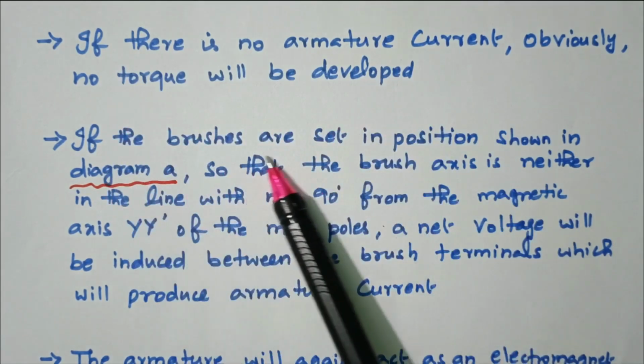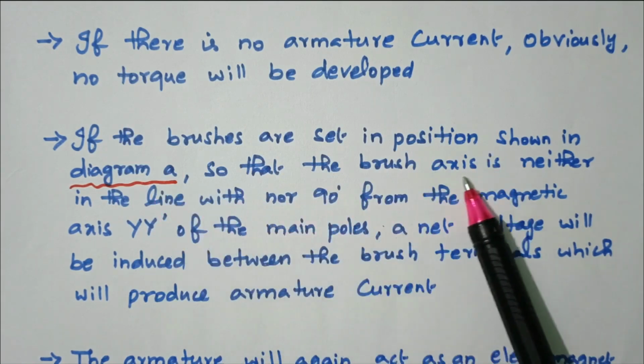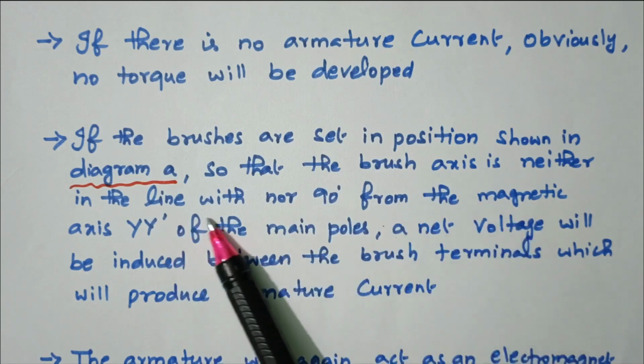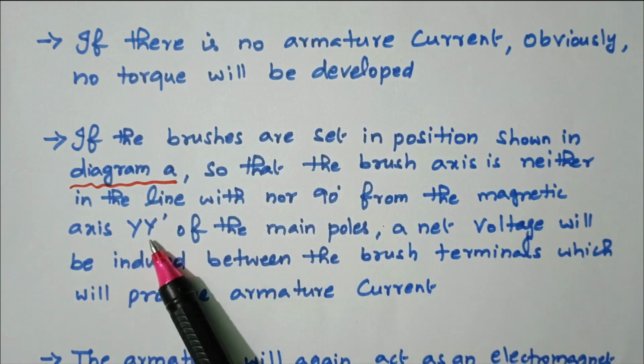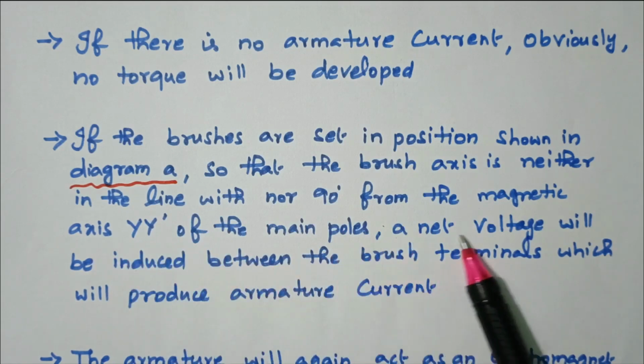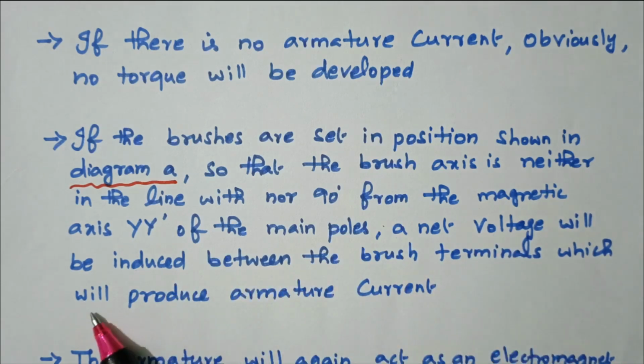If the brushes are set in the position as shown in diagram C, so that the brush axis is neither in line with nor 90 degrees from the magnetic axis YY of the main pole, a net voltage will be induced between the brush terminals, which will produce the armature current, right?